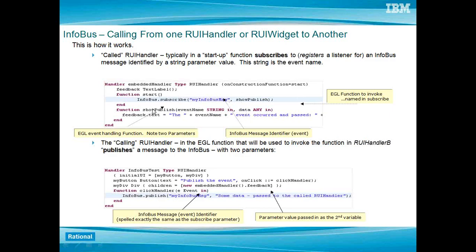Inside of this show publish function, it will receive data in the any format. So in this way, we are making a call between two different handlers.